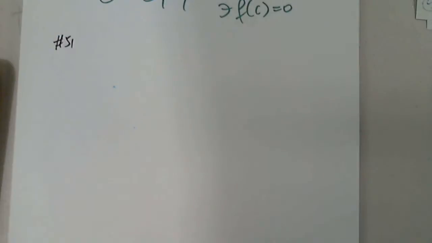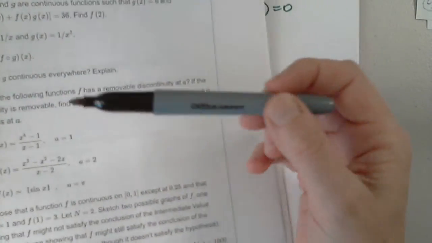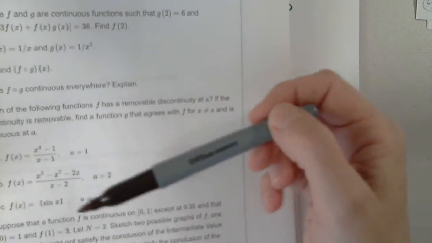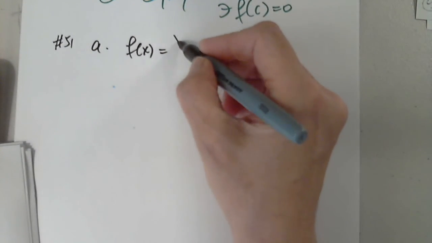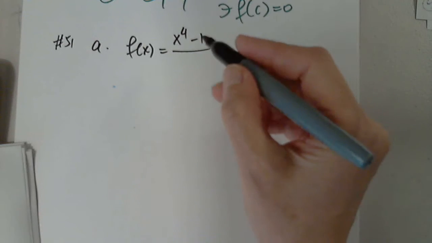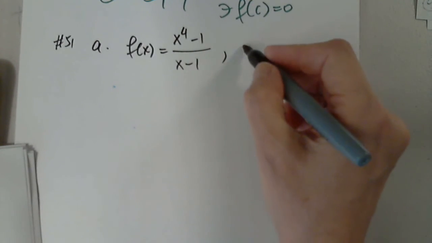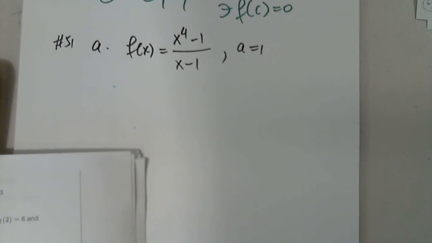So let's take a look at 51. I don't know if there is another problem similar to this, but we have A, B, and C. Let's do A. F of x equals x to the fourth minus 1 over x minus 1, for a equals 1.